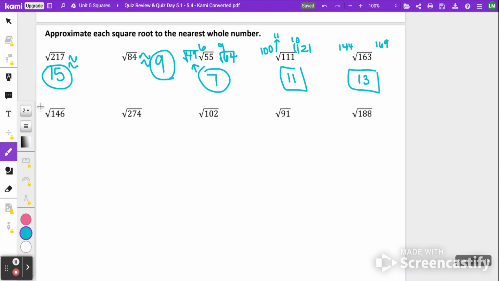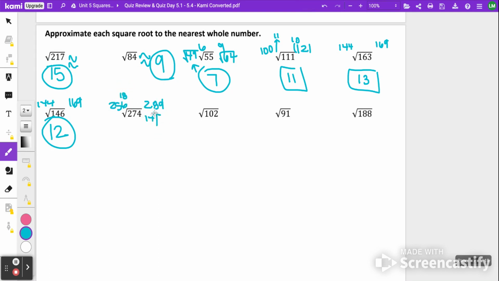146 is also in between 144 and 169, but closer to the 144 side, so that's going to be around 12. 274, that's going to be between your 16 squared, which is 256, and your 17 squared, which is 289. 274 from 289 is a 14 integer jump, and 274 and 256 is an 18 integer jump, so it's closer to that 289.